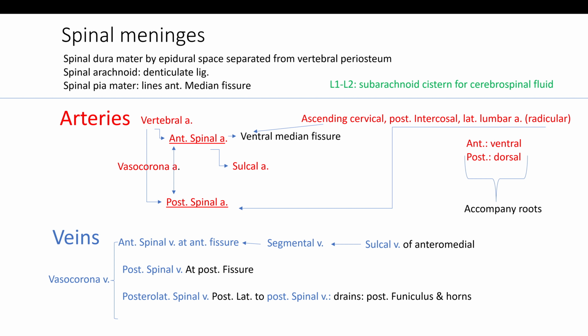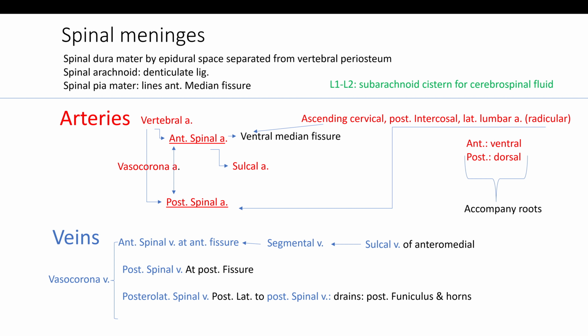Then the arachnoid mater lines the dura mater with trabeculae linking to the pia mater. The denticulate ligament anchors the spinal cord and arachnoid to the dura mater. The pia mater covers the whole of the spinal cord and lines its anterior median fissure. The subarachnoid space between the arachnoid and pia mater surrounds the spinal cord and brain.